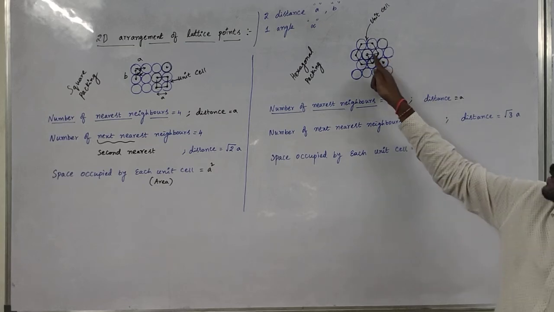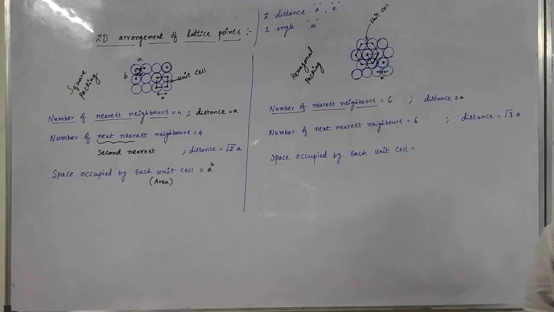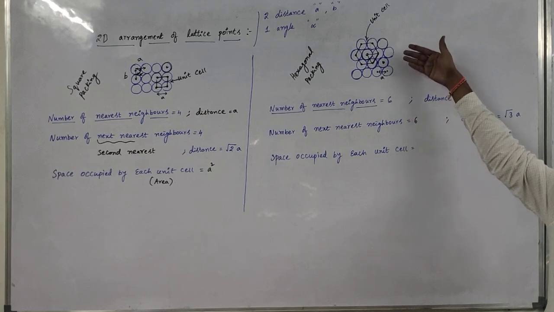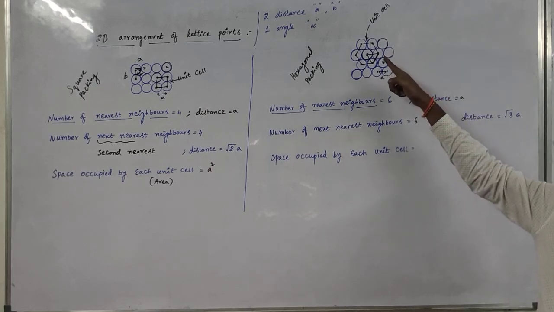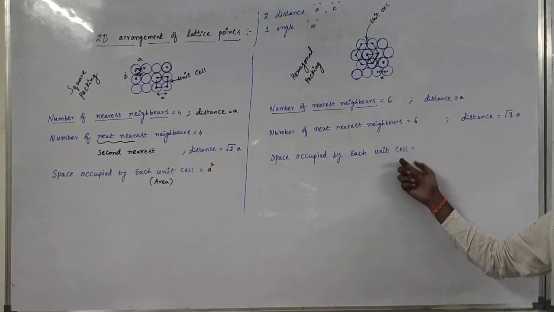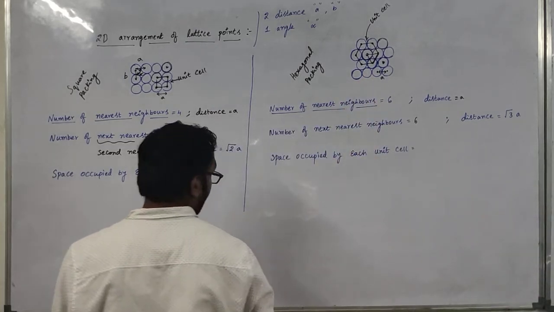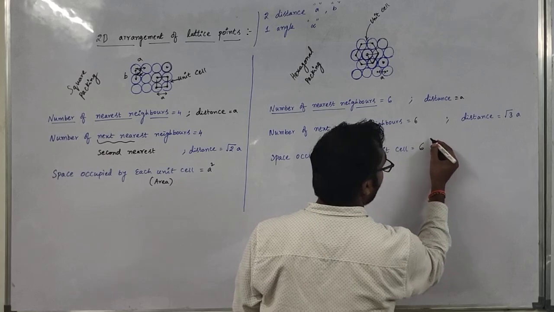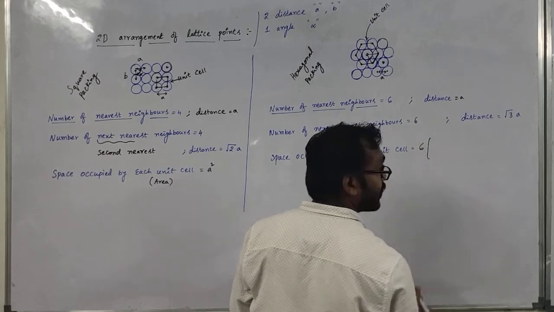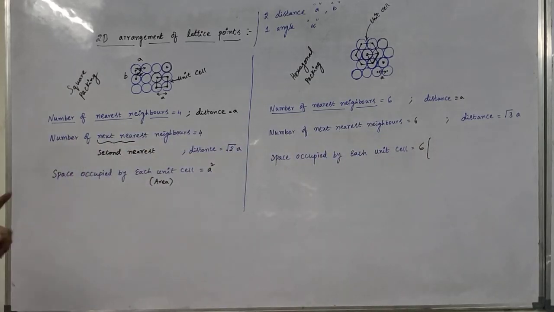If I assume a parallelogram as the unit cell, then that will be different. Here I am assuming the hexagon as the unit cell. Then what is the space occupied? Can I say 6 into the area of an equilateral triangle?